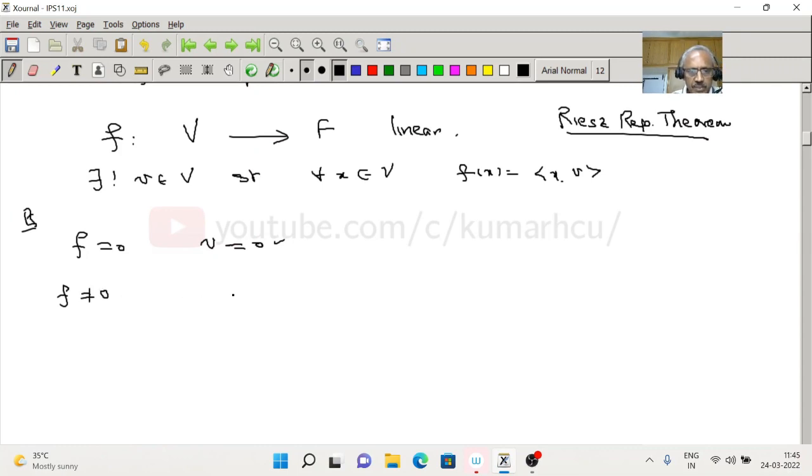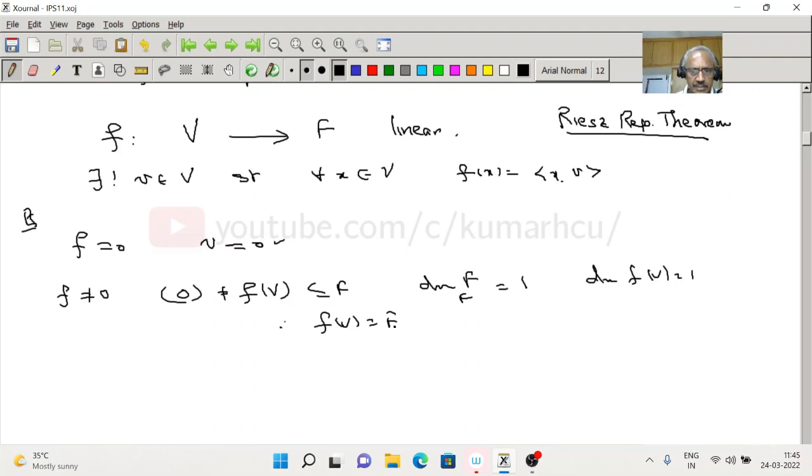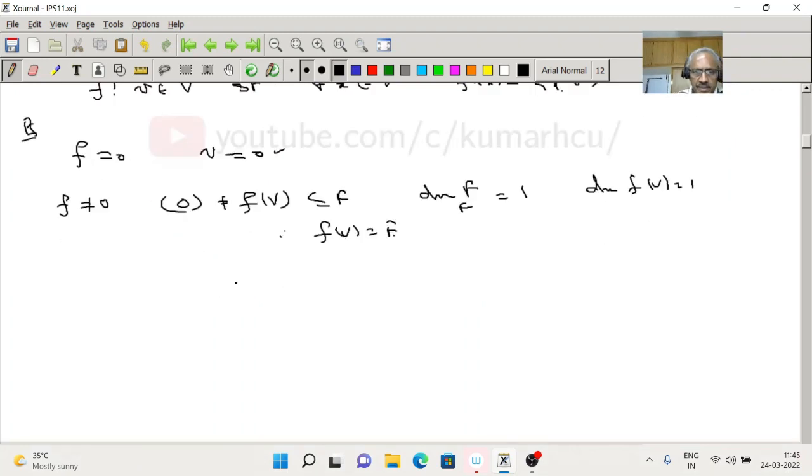Since f is not 0, f of V must be a non-zero subspace of F. Since the dimension of F over F is 1, f of V must be all of F, the field itself. That means the range of f is F, that is, the rank of f is 1. Let's assume the dimension of V is n.